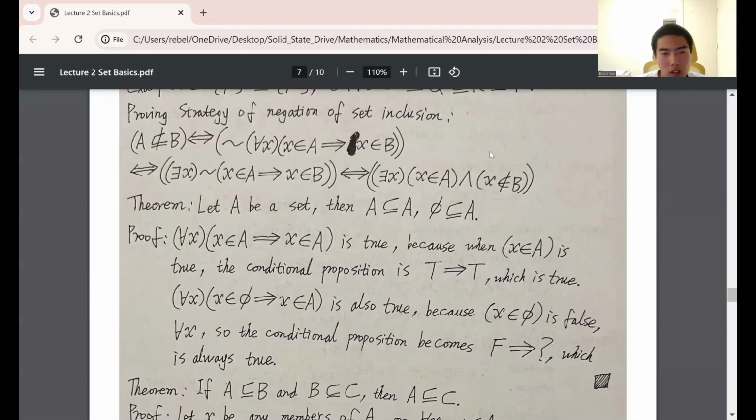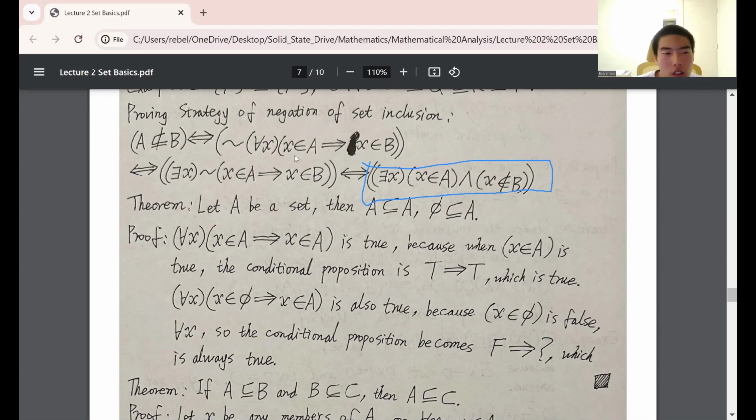And the proof strategy for negative set inclusion: if A is not a subset of B, then it's not the case that x belonging to A leads to x belonging to B. So there exists x such that x belongs to A and x does not belong to B. This is what we will use very frequently later to prove some set is not included in another set.